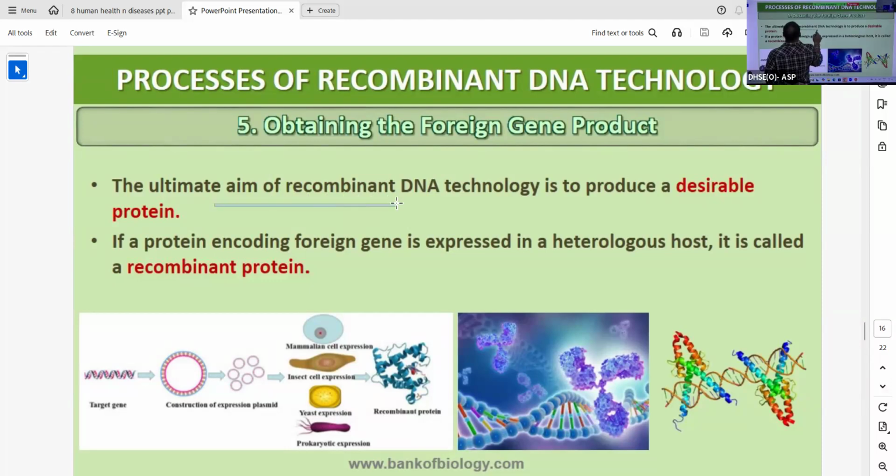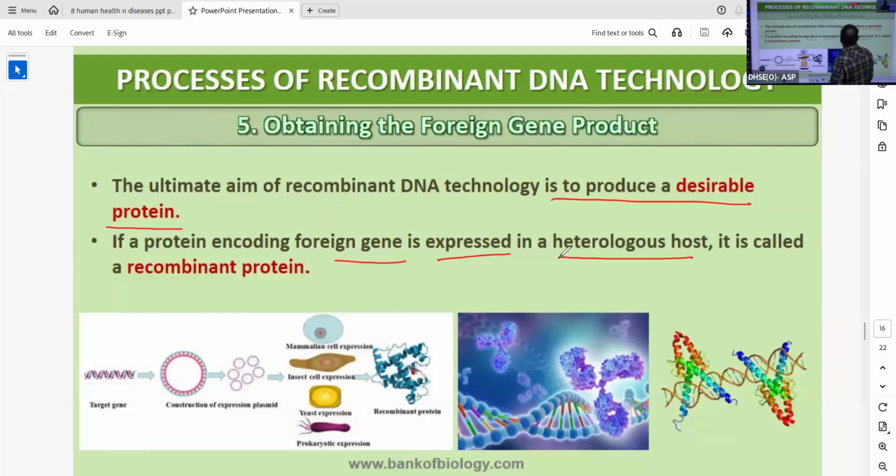The ultimate aim of recombination in recombinant DNA technology is to produce a desirable product, a protein. Okay, we go through all this journey because it ultimately results in the formation of a desirable protein.